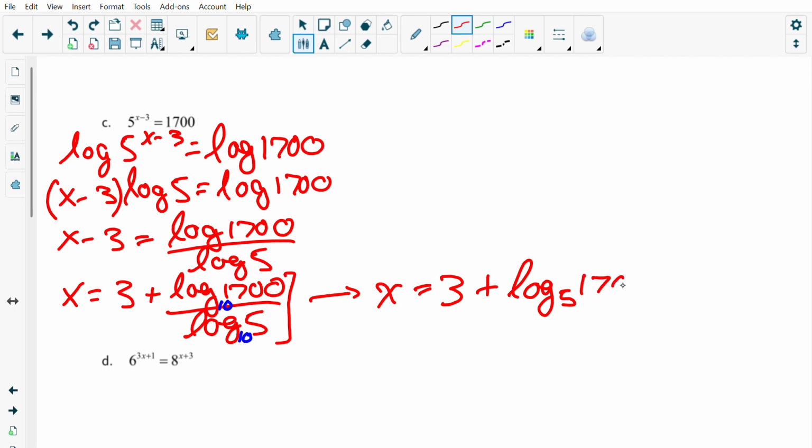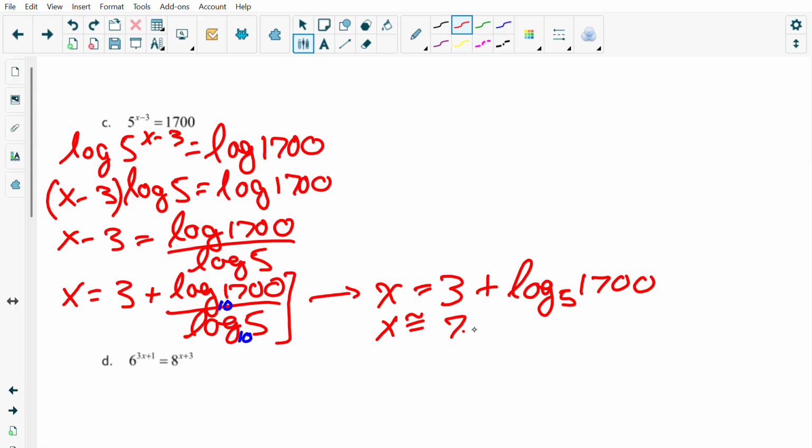So log base 5 of the new argument, which is 1,700. Okay, so if I do the calculation, let's make an estimate here.